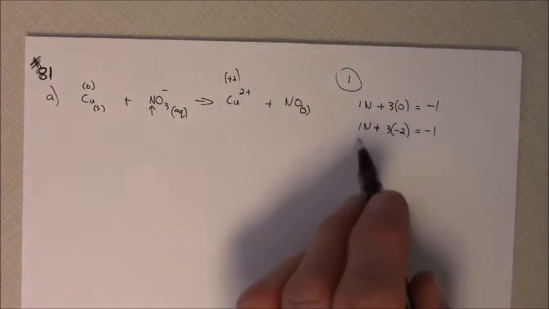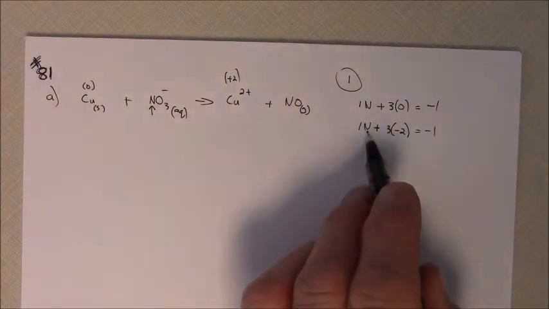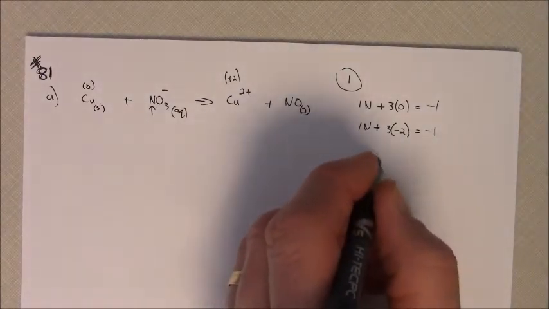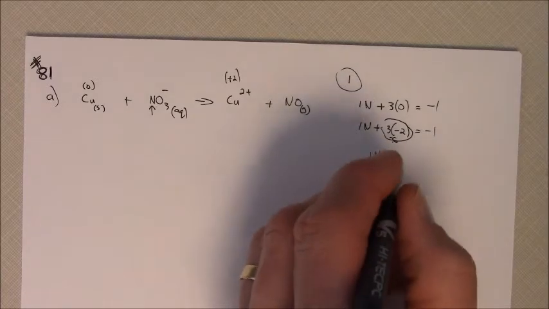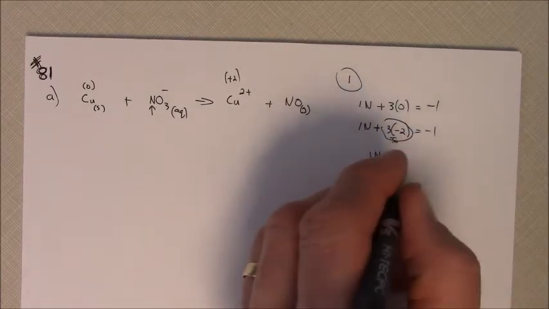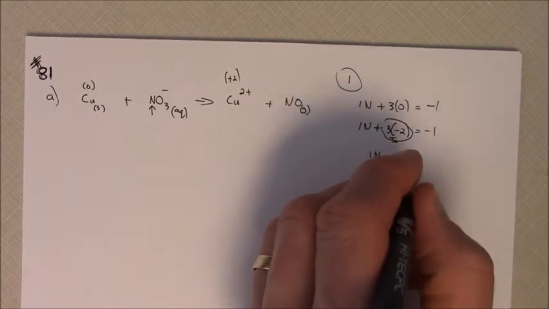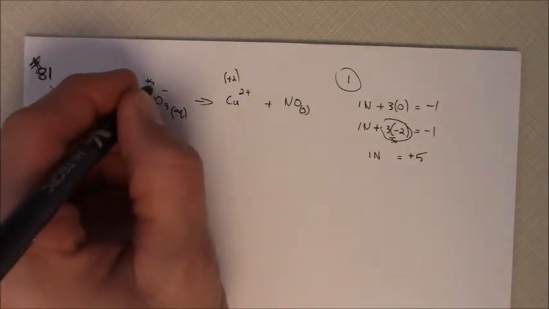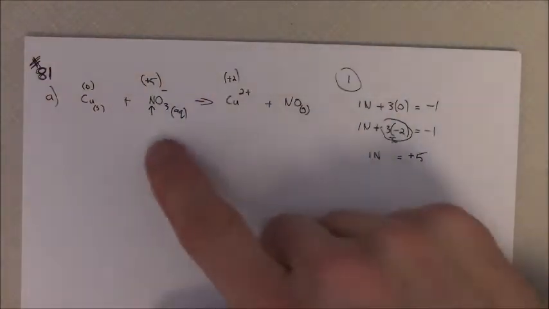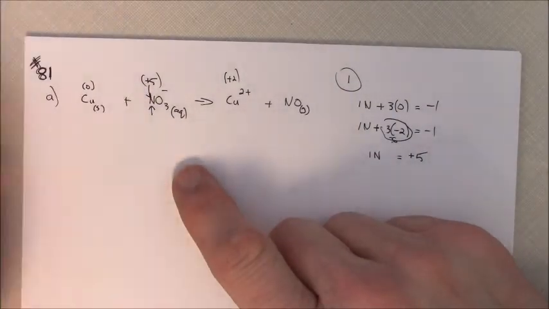So this leaves us with 1 nitrogen, and we're going to solve for its oxidation number. This is going to be -6. Bring it over here, be a +6 with a -1. That is a +5. So we could use those simple rules we learned in nomenclature to assign +5 to that.